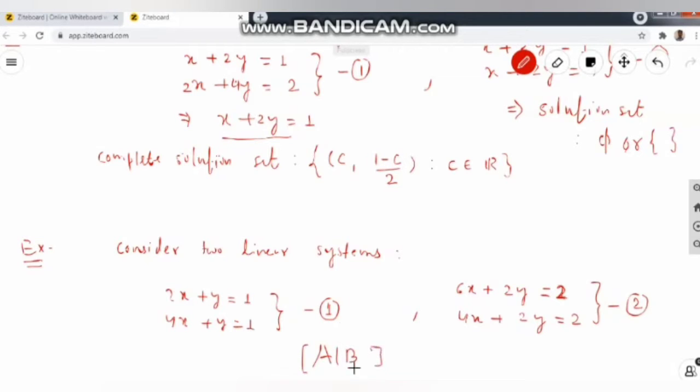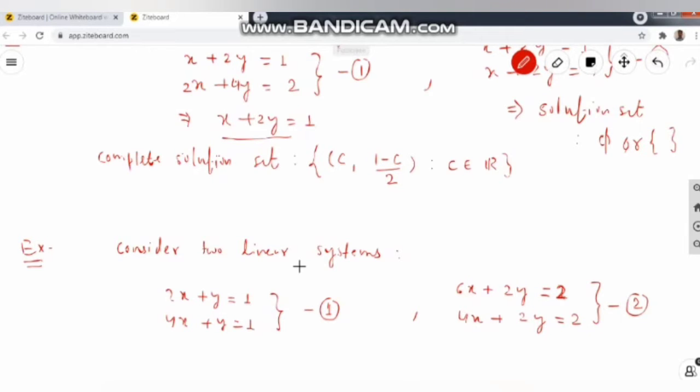If you know this augmented matrix, then you know the corresponding system of linear equations, and vice versa. So these are the two different systems of linear equations.